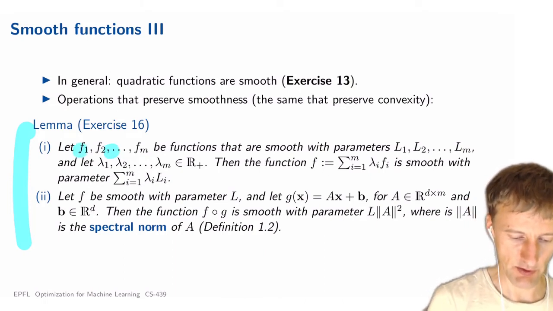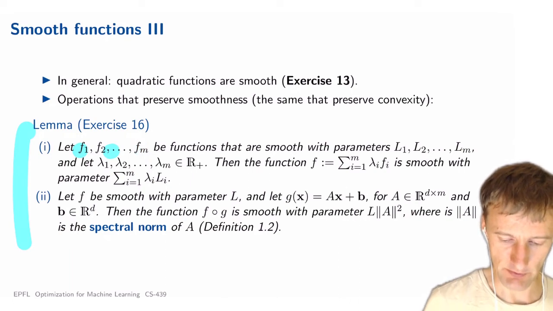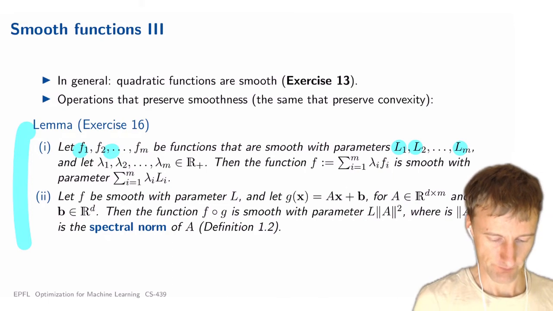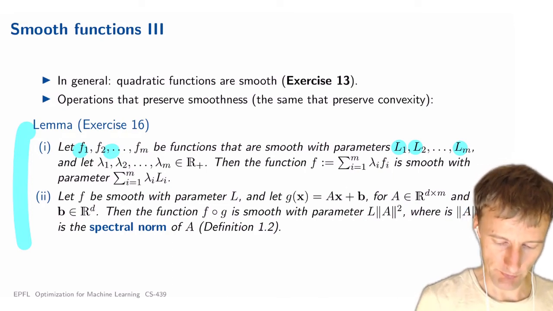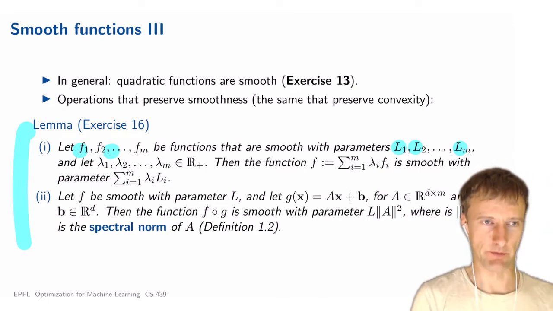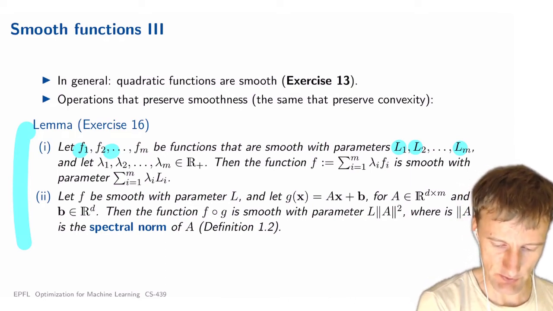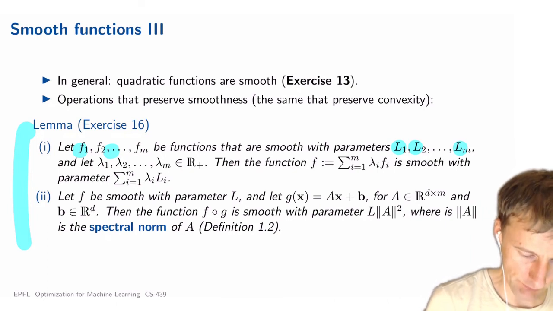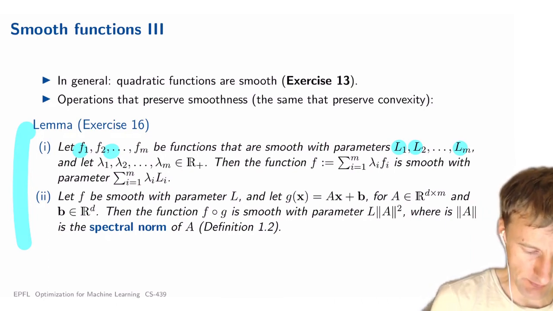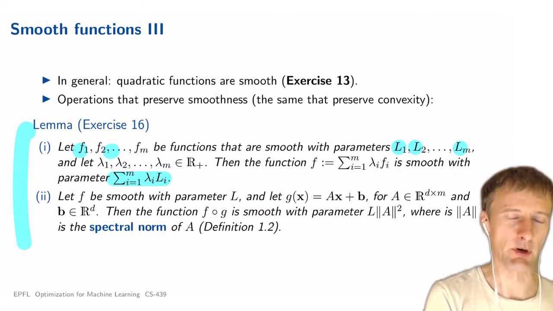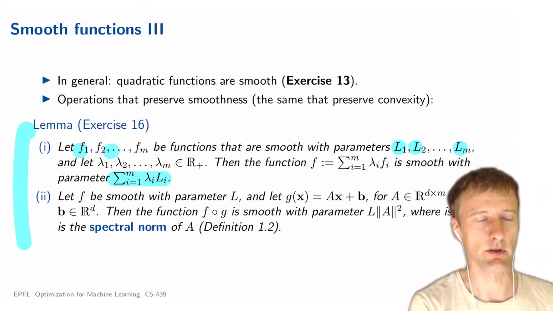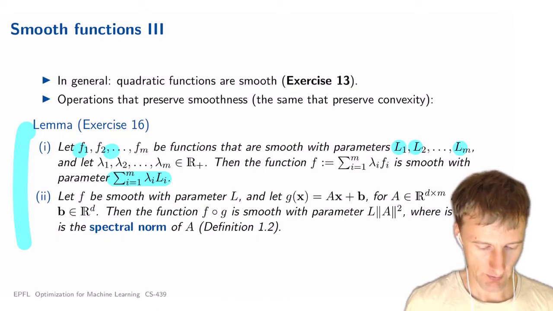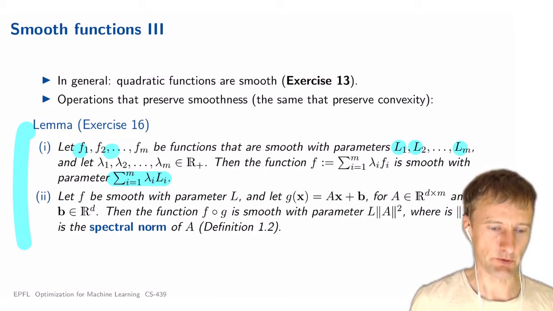If you have a bunch of functions f1 to fm, they're smooth with different parameters, then you combine them linearly with some different weights, and then the resulting function, the combination of the original ones, is still smooth, and the resulting smoothness parameter is the same kind of weighted sum of the Li's. That's very easy to check by just using the definition.